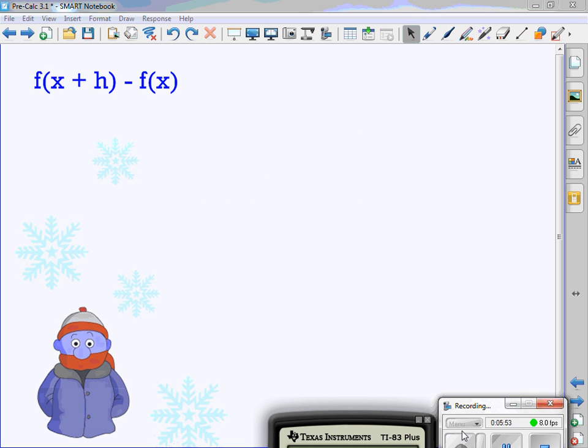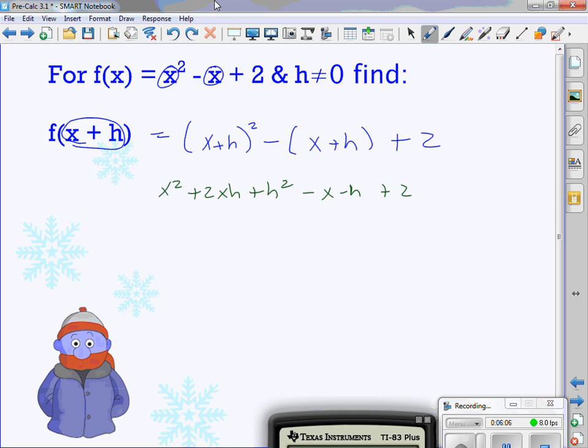Now we're using the same exact function. We're going to take f of x plus h minus f of x. We already know what this is from the last problem, right? That is this right here.